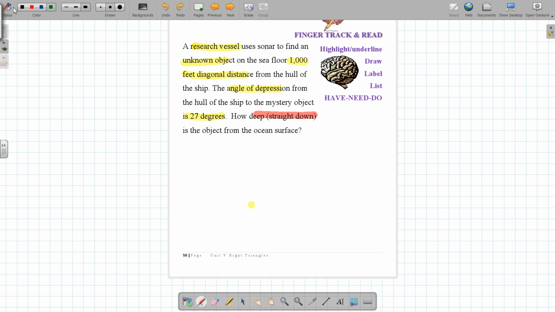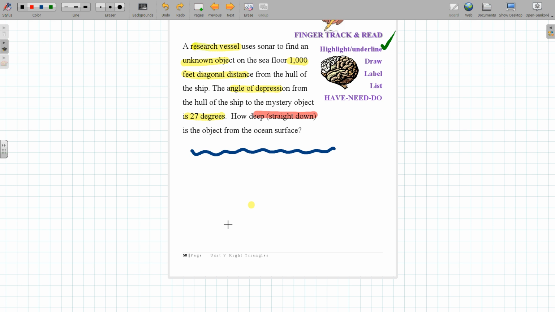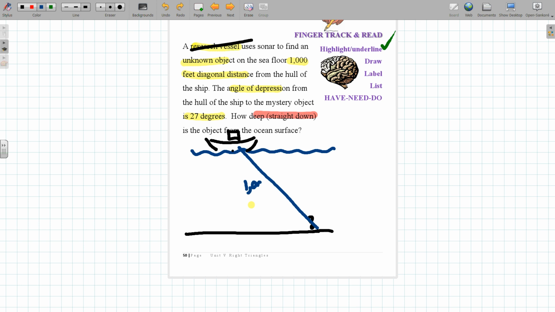So we just did our finger underline. Now we're going to draw a label list. So in this storyline, we have ocean and we have ocean floor. We have a research vessel of some sort. And we have an unknown object that is 1,000 feet diagonally from the hull of the ship.